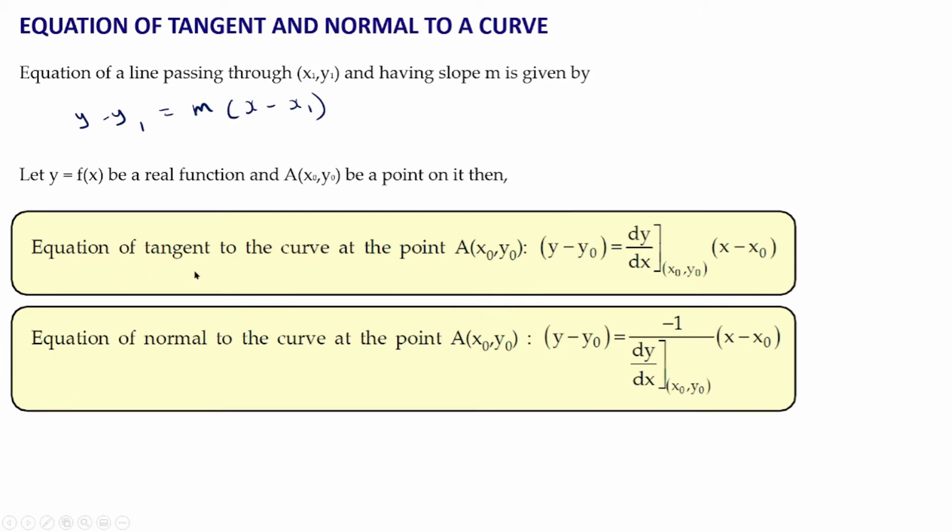So the equation of tangent to the curve at the point A (x0, y0) will be y minus y0 is equal to dy by dx at (x0, y0) into x minus x0. Similarly, the equation of normal at the point A (x0, y0) is given by y minus y0 equal to minus 1 by dy by dx at (x0, y0) into x minus x0.